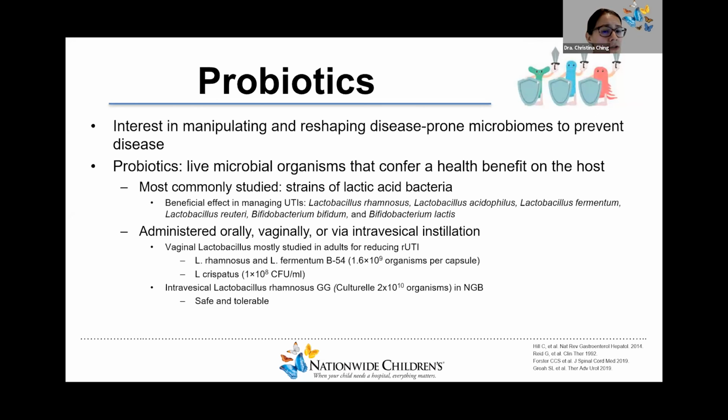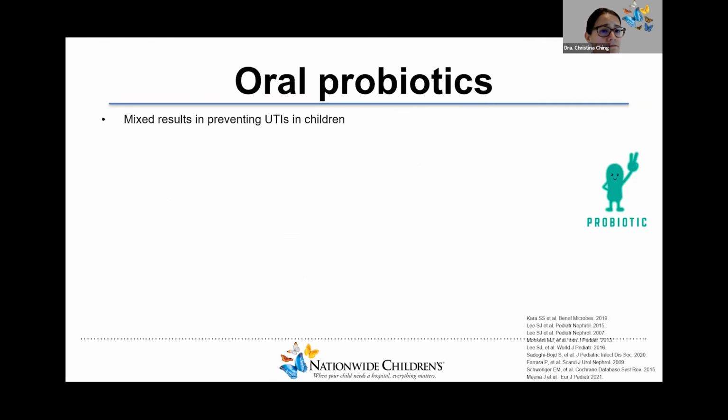They can be administered orally, vaginally, or via intravesical instillation. Vaginal Lactobacillus is really only studied in adults, with Lactobacillus rhamnosus, fermentum, and crispatus showing benefit, while intravesical studies of Lactobacillus rhamnosus in the neurogenic bladder population have been shown to be safe and well tolerated.